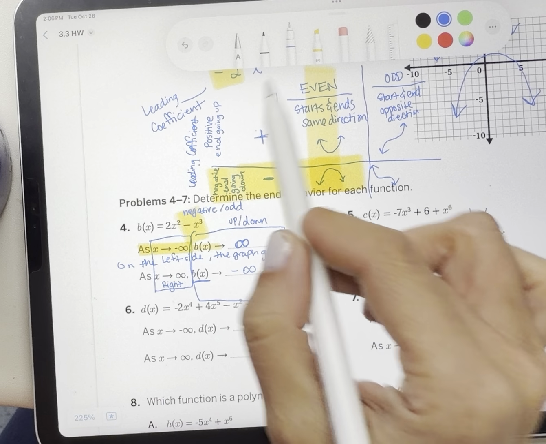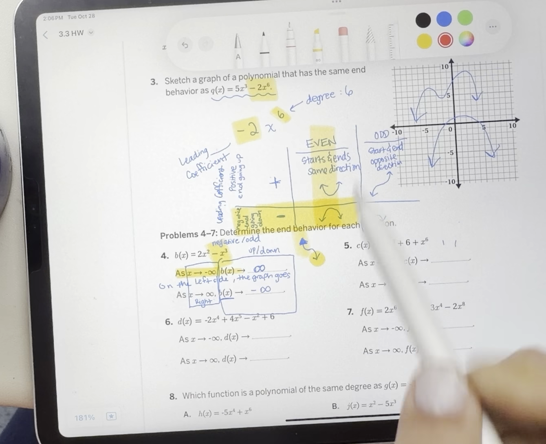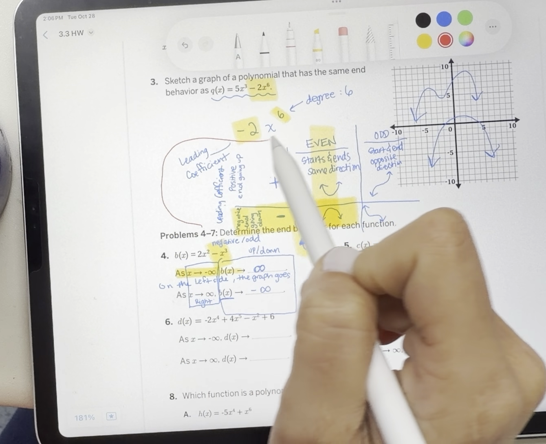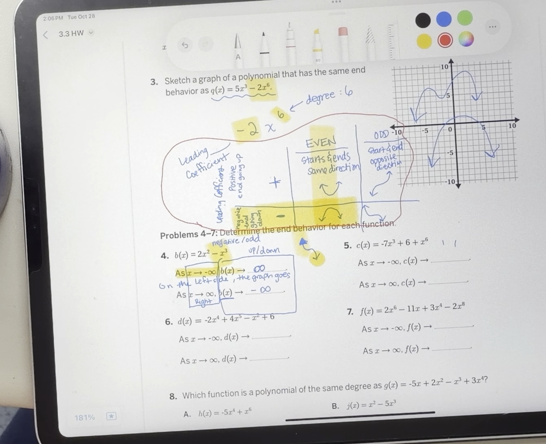And this right here, you guys, I made this and I put it on Google Classroom for you. This chart right here tells you everything. It tells you every possible combination of stuff. Because it was negative, we're going down.